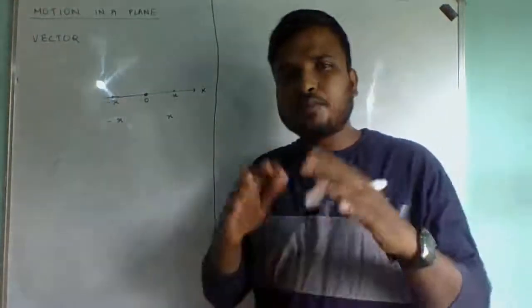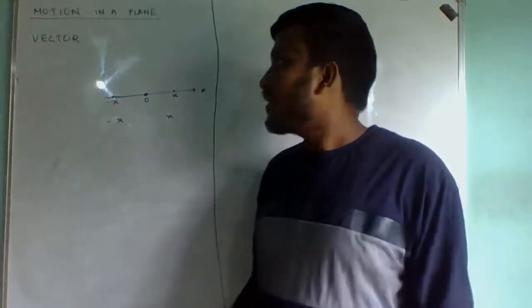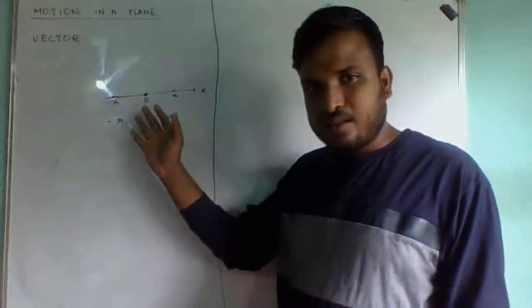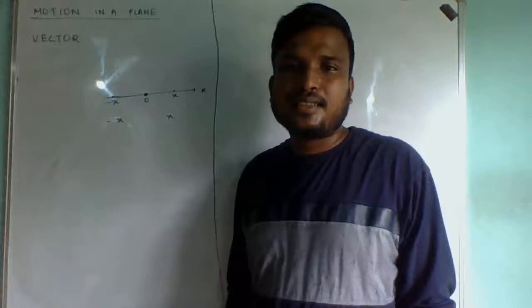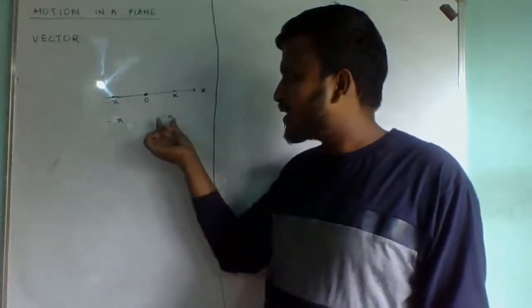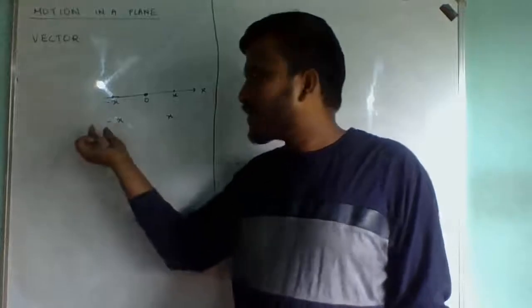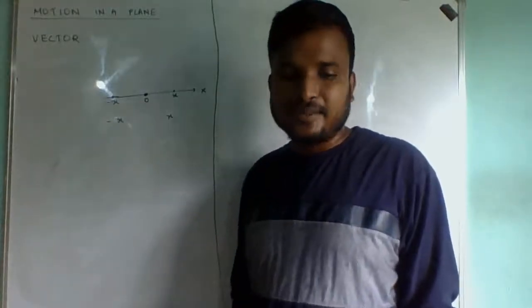If a body is moving on a straight line, then direction is not a major concern, because we know the direction. Either it is moving on the positive x-axis, then x, or on the negative x-axis, just put a minus sign.